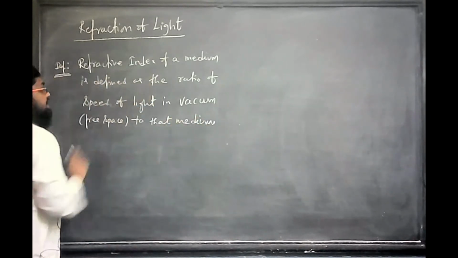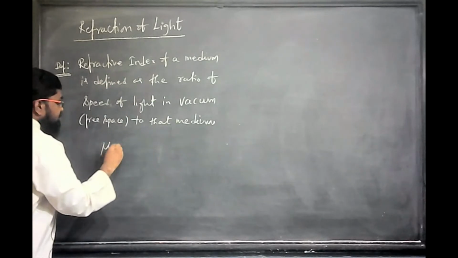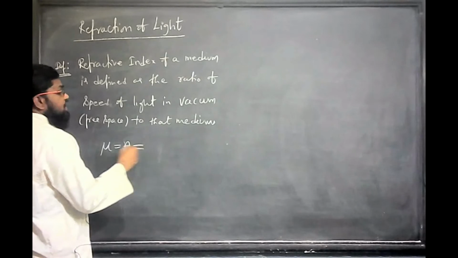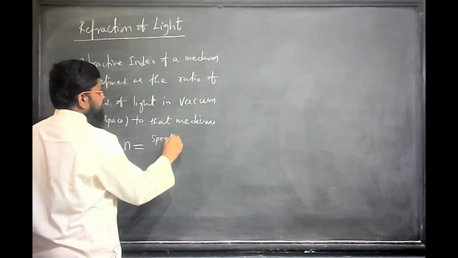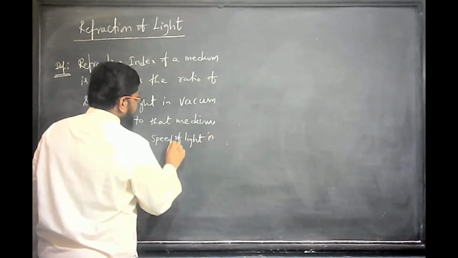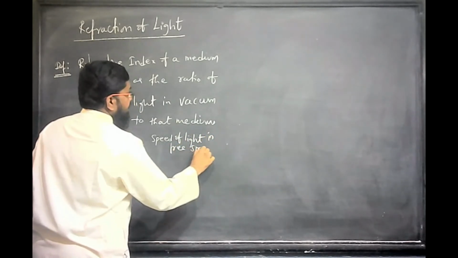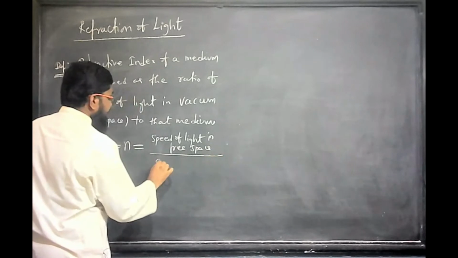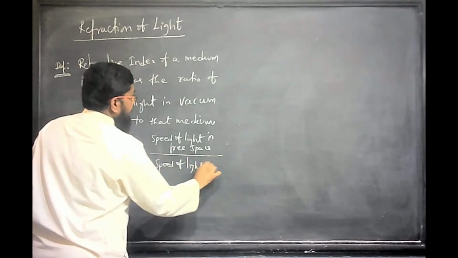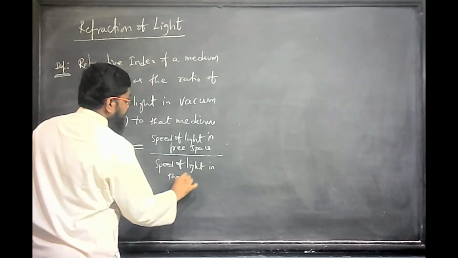I'll give the symbol mu; some books give n. Refractive index is defined as the ratio of speed of light in vacuum, in free space, divided by speed of light in that medium.